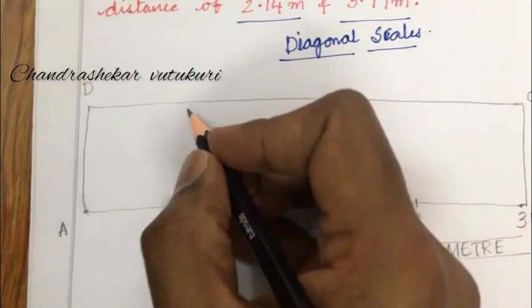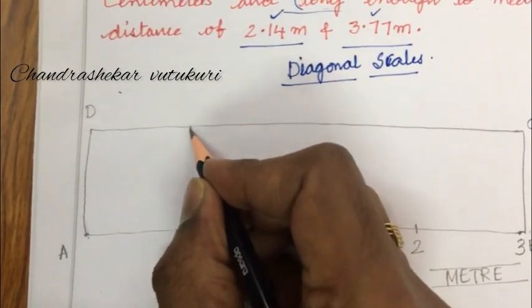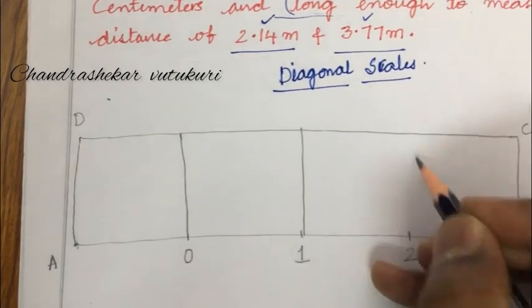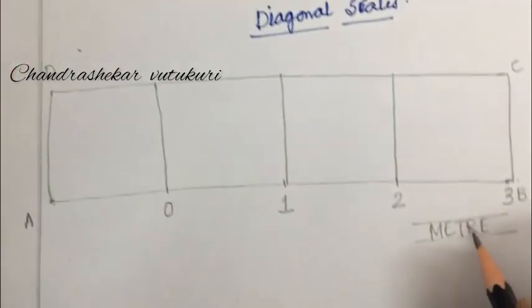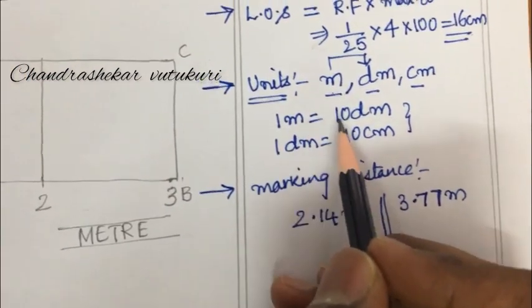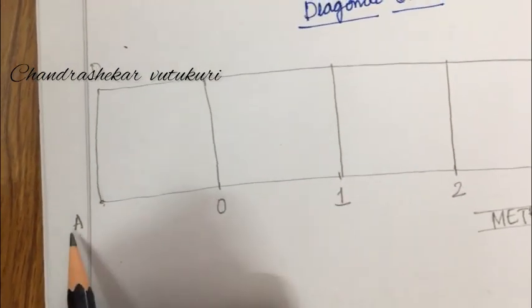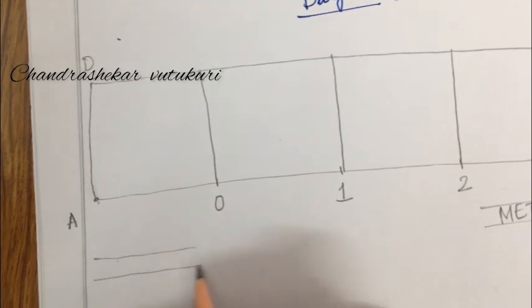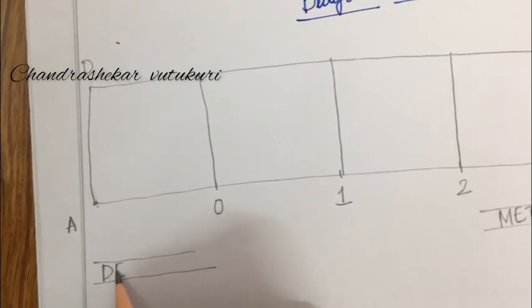Later, I told you that when working with the plane scale, we divided even the secondary unit, I mean the subunit. Meter is the main unit for this scale, and as I told you, in 1 meter there will be 10 decimeters, dear students. Now, from 0 to the left of A is said to be a decimeter scale, dear students.